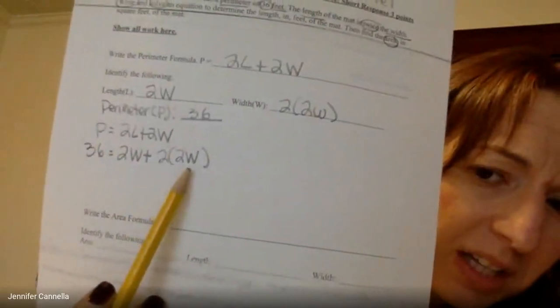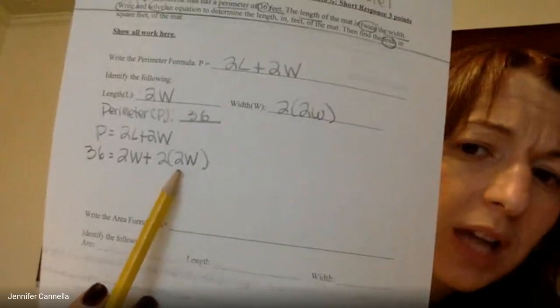Now, I'm going to simplify the part that has the parentheses. What property will I use? Multiplication. That's the operation. We're going to use the distributive property, which is multiplication. So 2 times 2 is 4. Okay, so we're going to bring everything down.